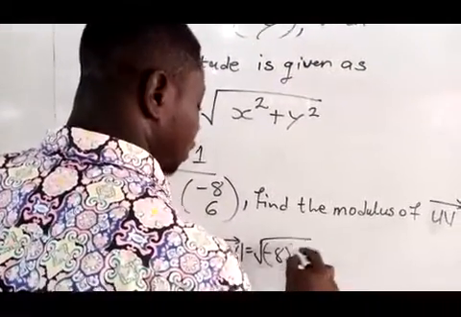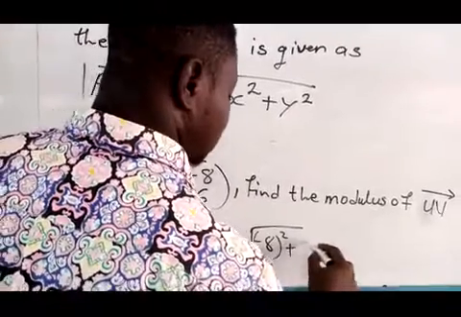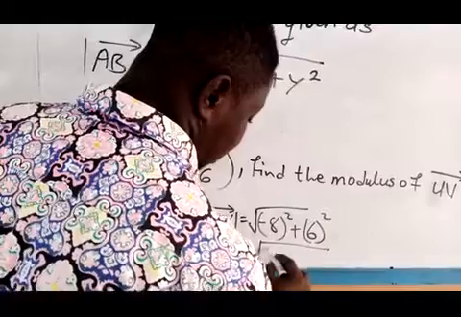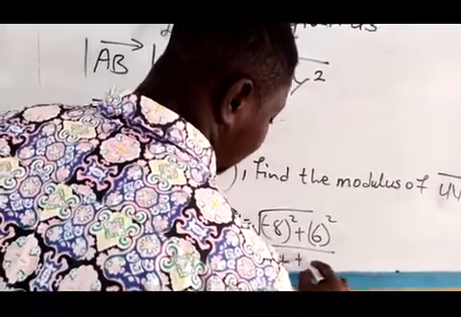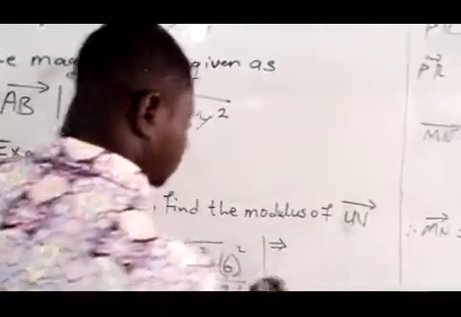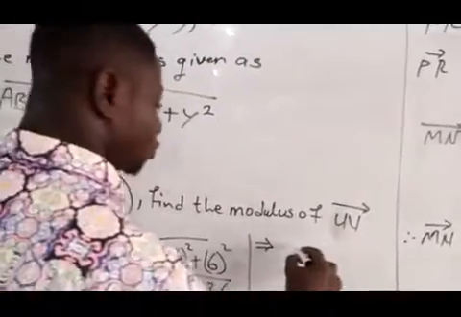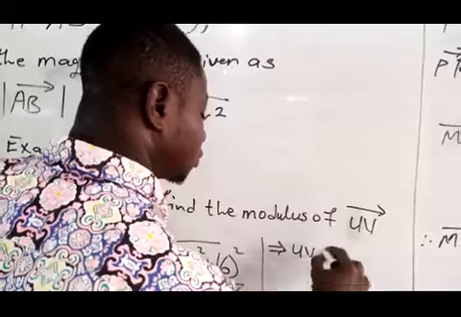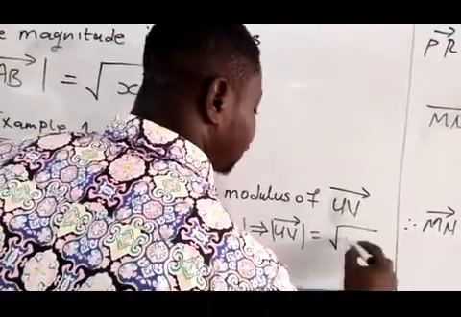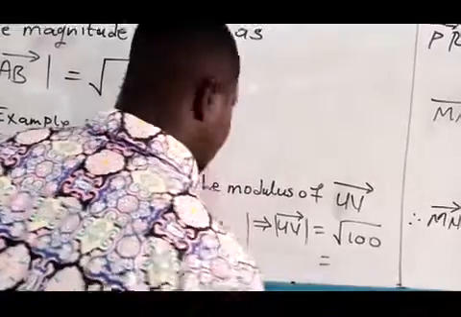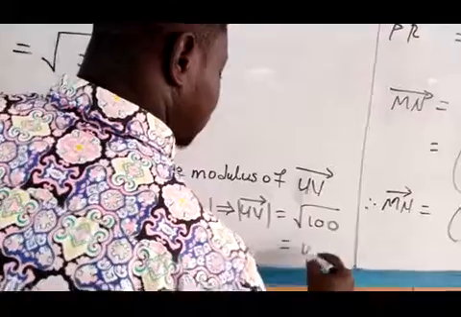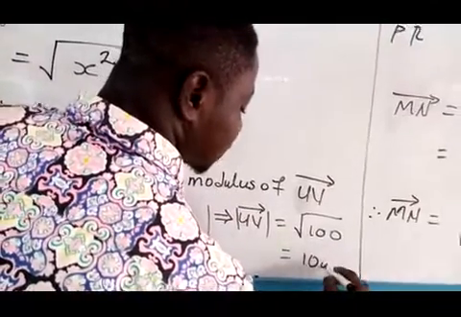Minus 8 squared plus 6 squared, and this is equal to the square root of 64 plus 36, and this is going to be square root of 100, and that is equal to 10 units.